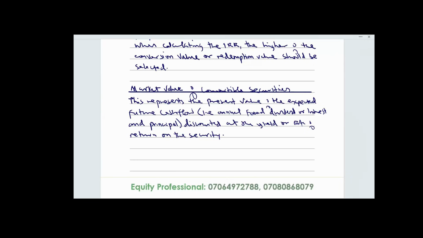Then the second part is the principal that the investors have contributed. So you then discount it at the yield. You can call it yield, yield to maturity, internal rate of return, or rate of return on the security. Whichever one you call it is the same thing.